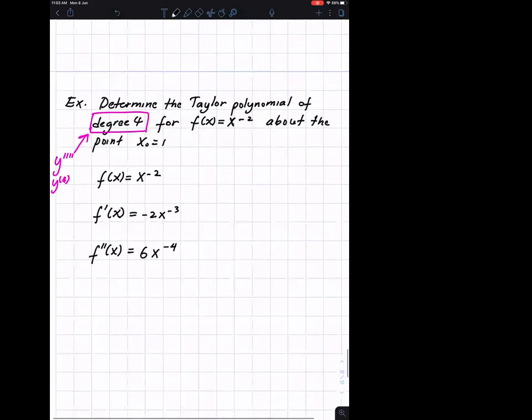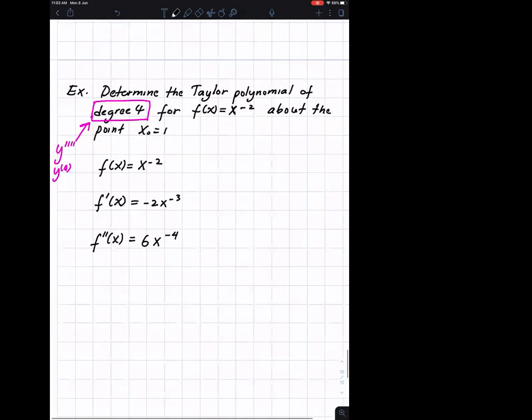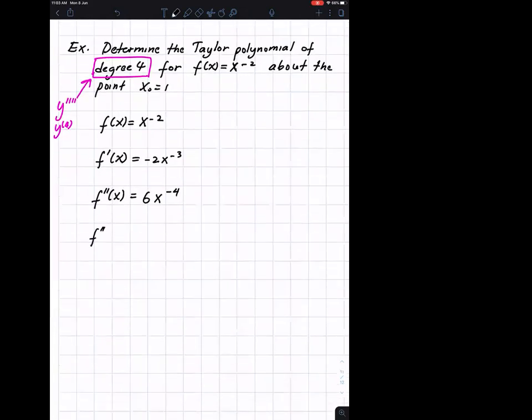Then third derivative, same thing, -24 x to the -5. Fourth derivative, so if you don't want to write the prime, you also can write this as a 4. The next one is 120 x to the power of -6.